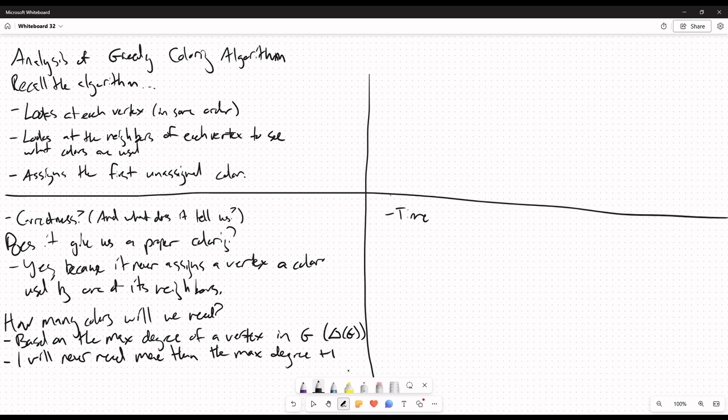And why is that? Well, let's consider a given vertex. I will look at how many colors have been assigned. I can never use more than delta G colors on the neighbors of a vertex.